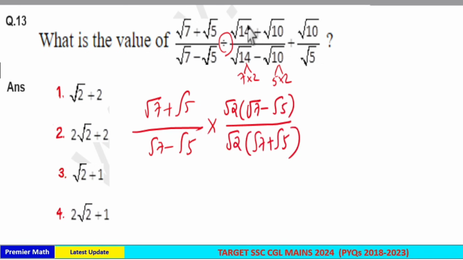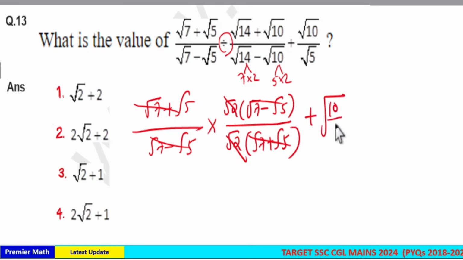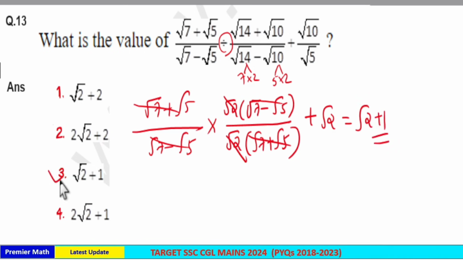That is, from this numerator and denominator you can take root 2 outside. Now root 2 cancel, all the terms will cancel each other. So whole term will become 1 plus root 10 by 5 means root 2. So your answer is root 2 plus 1. Option 3 is your answer.